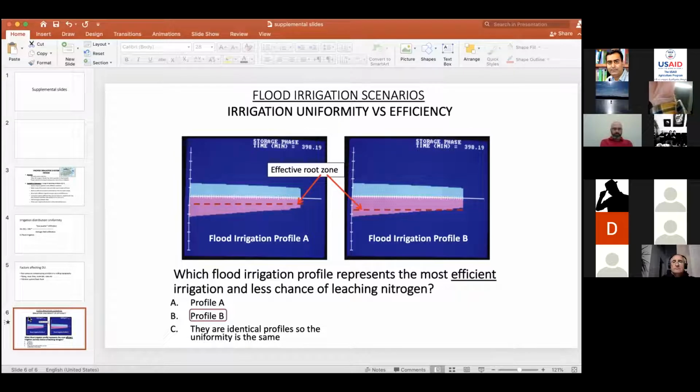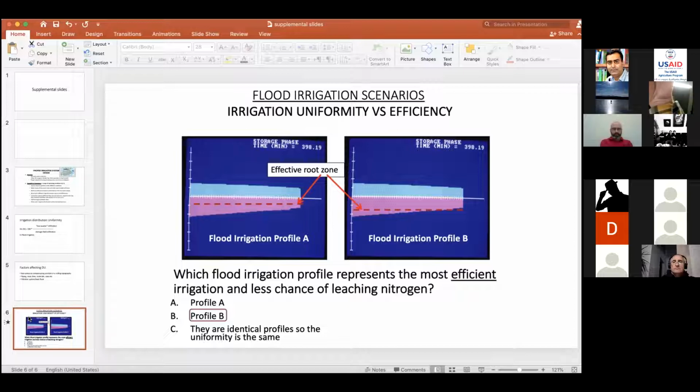Irrigation distribution uniformity is a calculation or estimation of how uniformly that water is applied in your orchard. Some areas might get more water, some areas might get less. In a sprinkler irrigation scenario, you can easily see it from a distance.